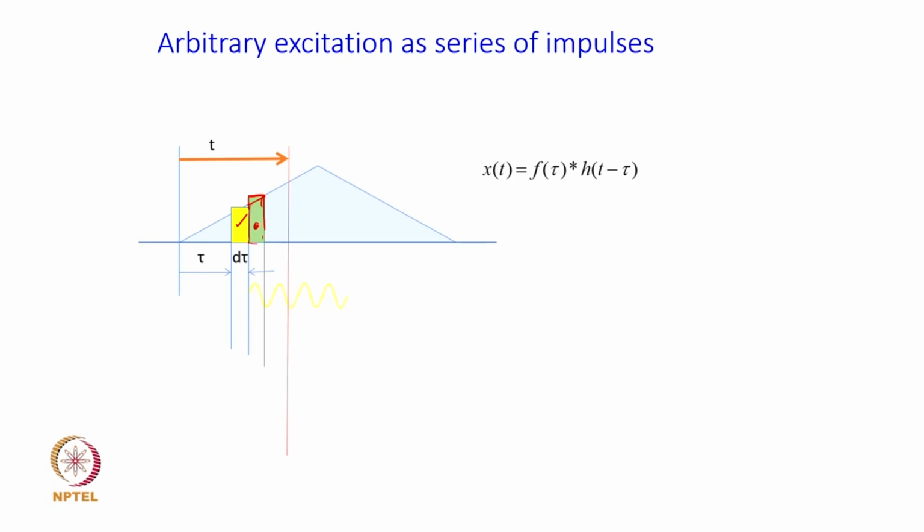Obviously, the strength of the impulse will slightly change, it is increasing. So, the amplitude will change, but the unit impulse response function will be the same except for its time-shifted location. The response due to the new impulse having a higher value will generate a slightly higher response starting from the end of this impulse.